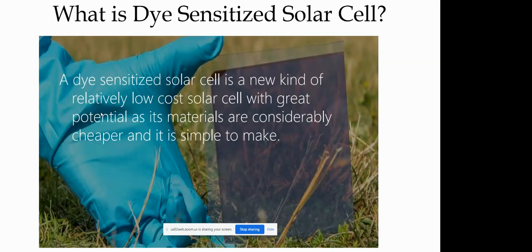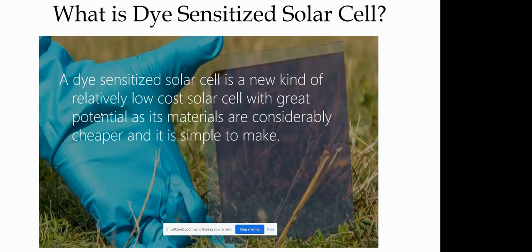It is a dye based solar cell where the dye is absorbing, and then we need to learn how to separate the photo generated electrons and holes from the dye molecules. So this is a dye sensitized solar cell, a new kind of low cost solar cell with great potential, as the materials are very cheap with respect to silicon, and anyone can make one even at home today, right?